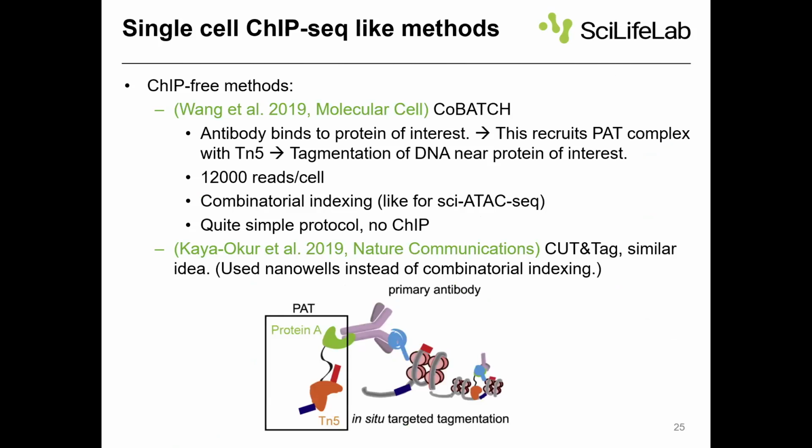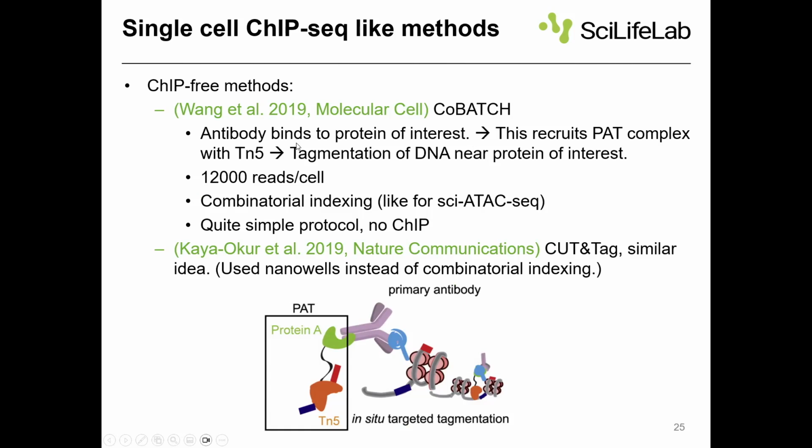So instead, people came up with alternatives, and I think these were the first papers. The methods are called CUT&Tag, and I think it's this name CUT&Tag that has sort of stuck. Now this is actually very similar to ATAC-seq.